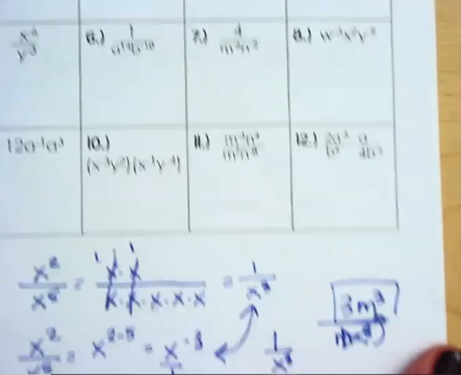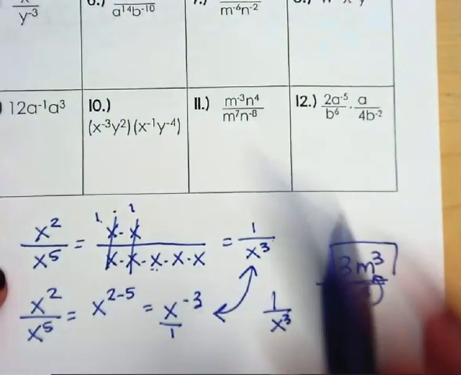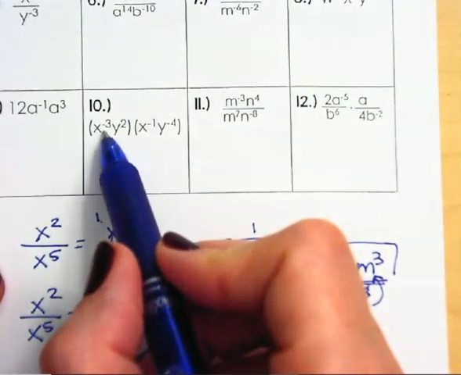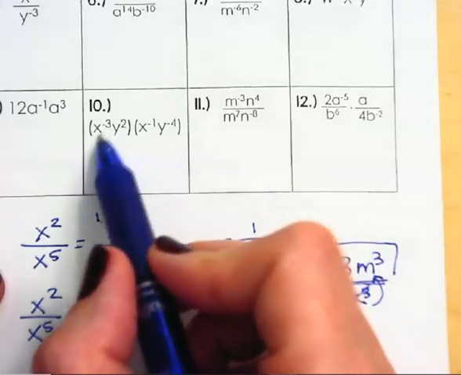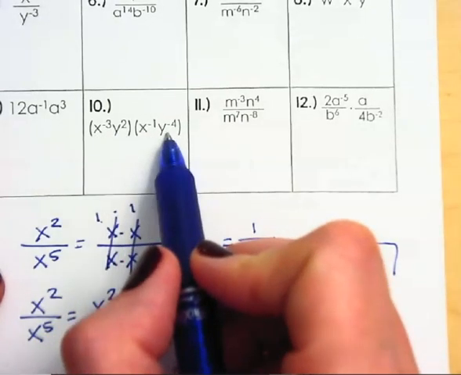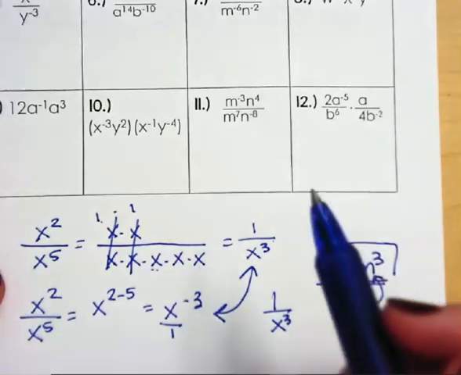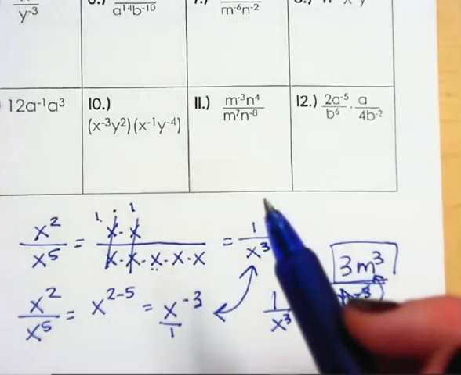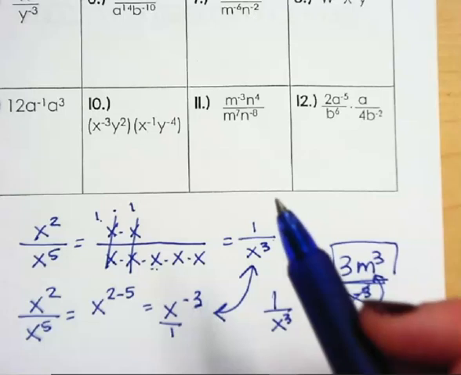I only want to talk about 2 examples on this page, 10 and 11. On 10, you could start flipping things around, the x here and this x and this y. And that's not wrong, but my way I think is a little bit simpler, which means less room for mistakes.